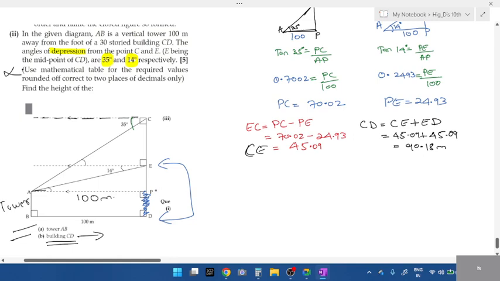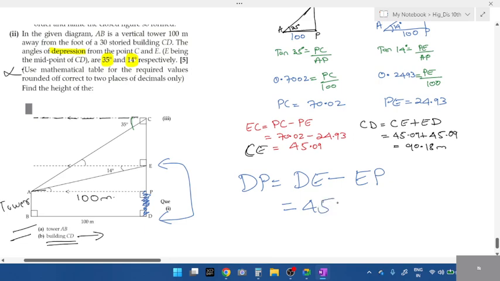ED minus EP will give you PD. Write it in alphabetical order, students. DP is equal to DE minus EP. What is the DE value? Very good, 45.09, right?